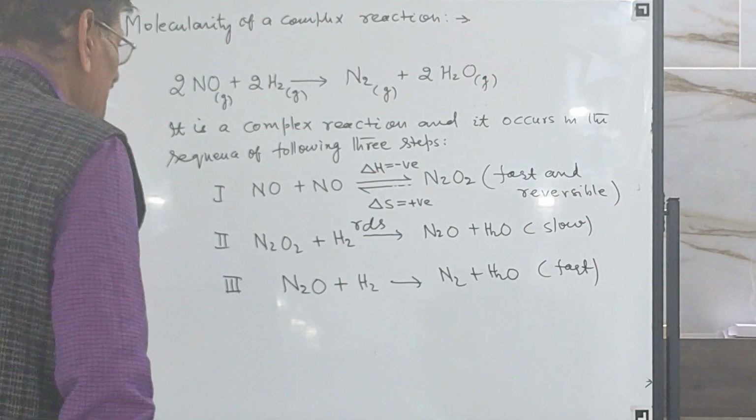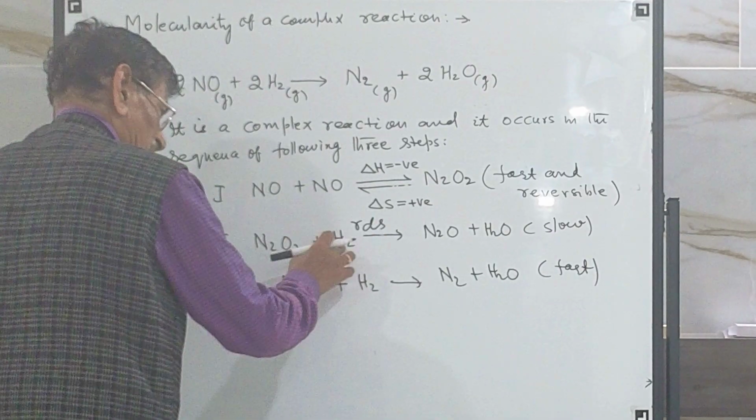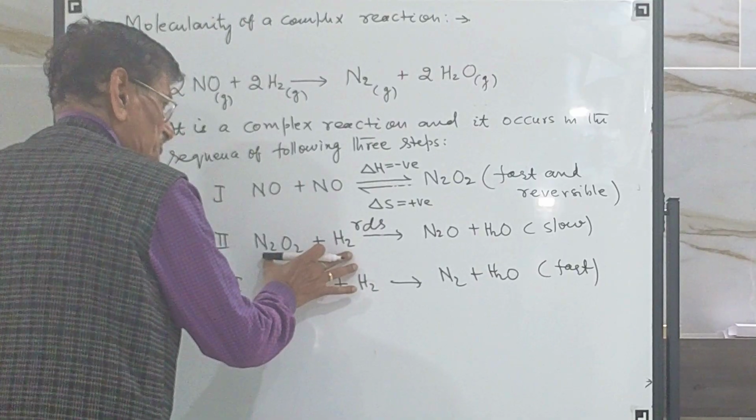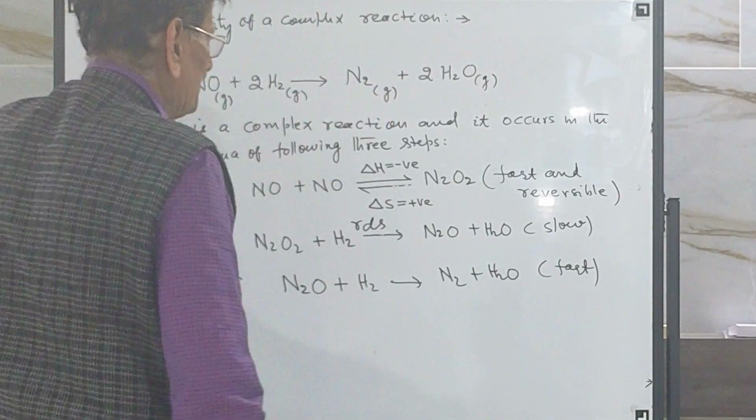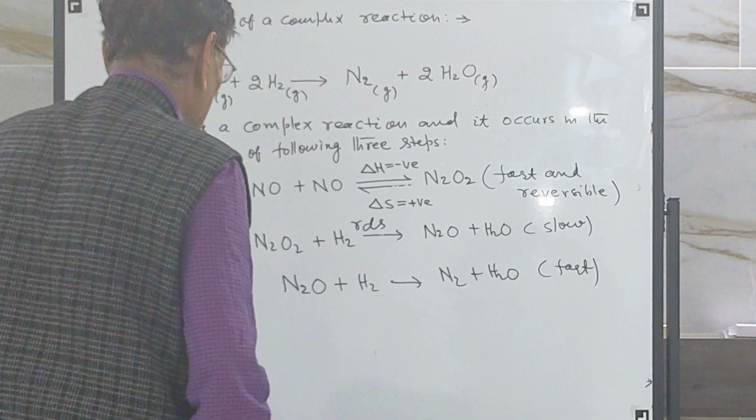The molecularity of the rate determining step is 2. This is known as the molecularity of the overall reaction, the molecularity of the complex reaction.